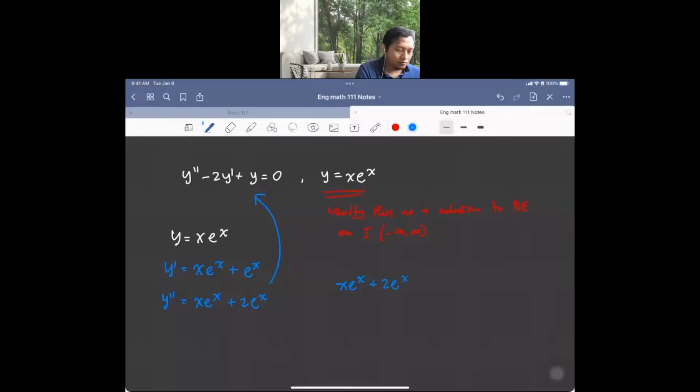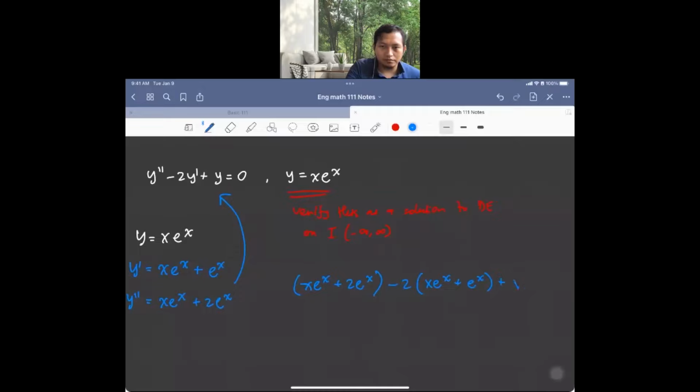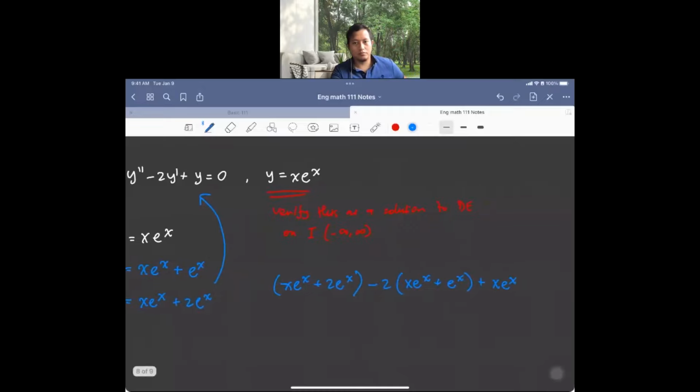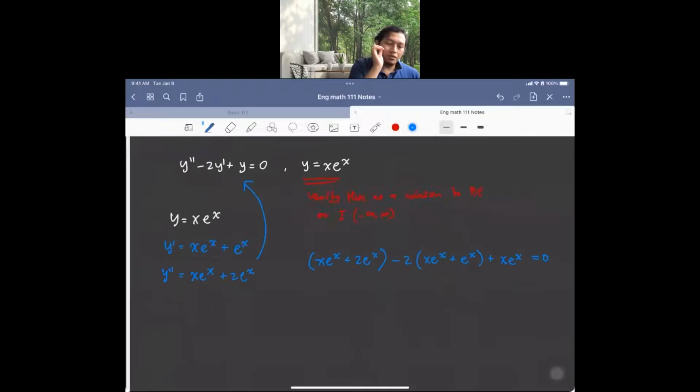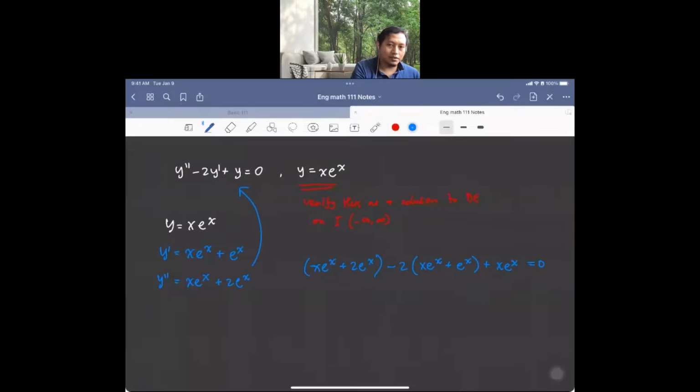So x, let me make it with the bracket, minus 2, and then plus, and then it's equal to 0. And then it's verified, and it's one of the solutions.